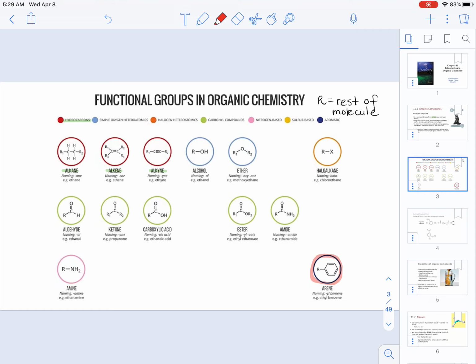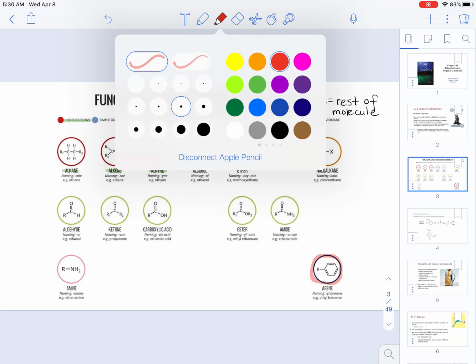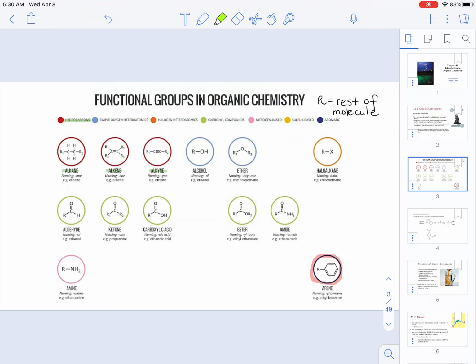Now, what makes each of these members different from each other? Well, in the case of alkanes, I'm going to highlight the atoms that make an alkane what it is. So for alkanes, we're going to have carbon-carbon single bonds and carbon-hydrogen single bonds.